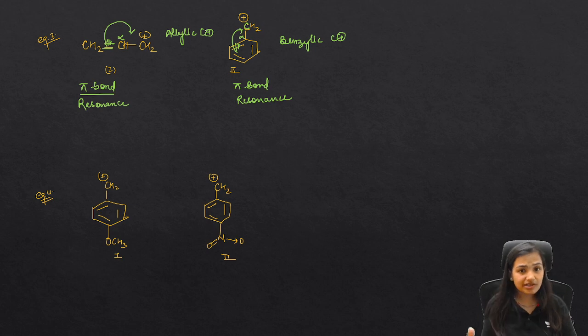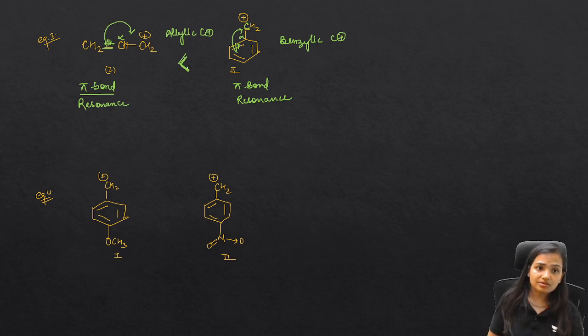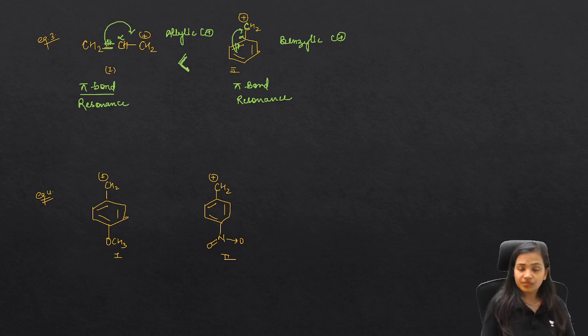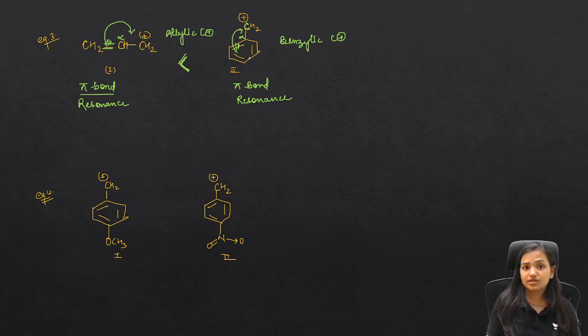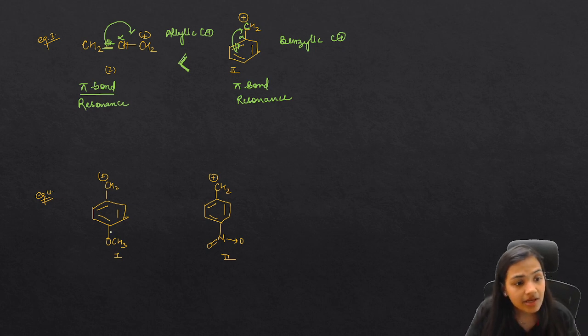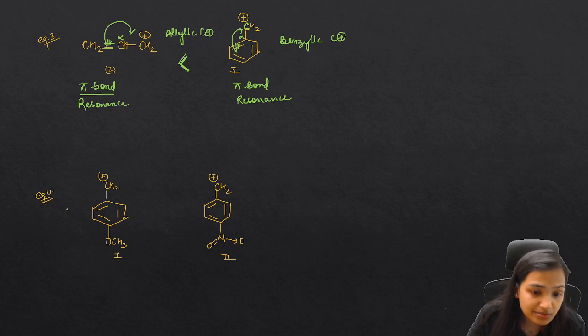This is a benzenoid ring, and because of the benzenoid ring, this is going to be more stable. Always remember, benzylic carbocations are more stable than the allylic carbocations. When you draw the structure, you can get many resonating structures for this benzylic carbocation, and here you can get only 2 resonating structures. Okay, that's the reason.